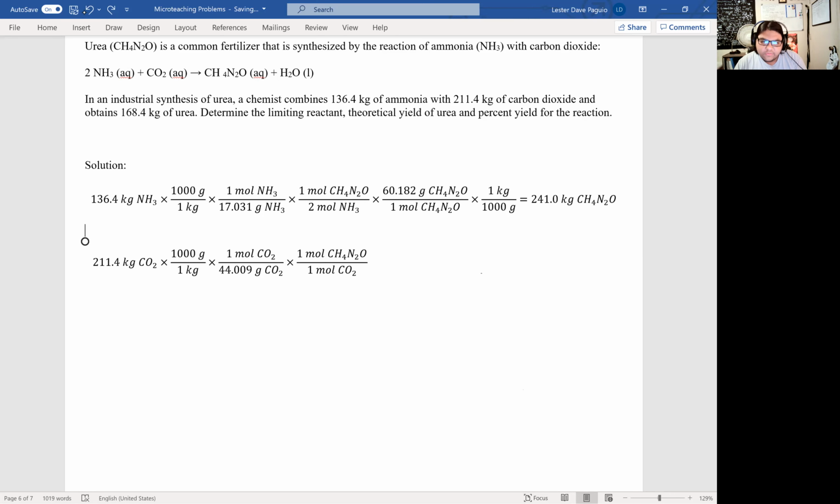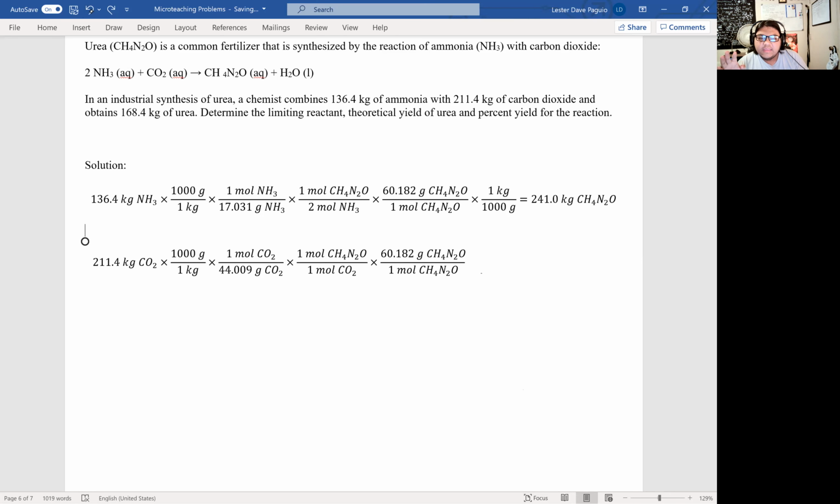And then we would need to convert from moles of urea to grams of urea, which is this one. And we would then convert from grams of urea to kilograms of urea. By plugging in the calculator, we would have a total of 289.1 kilograms of urea.